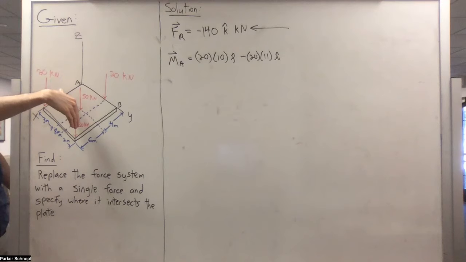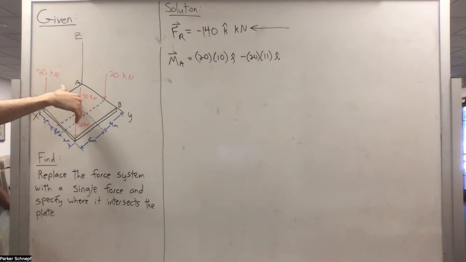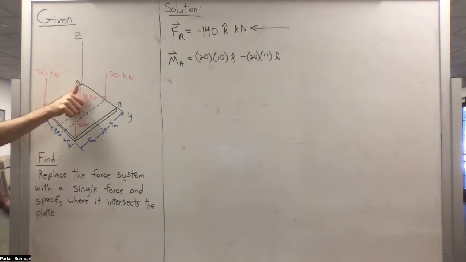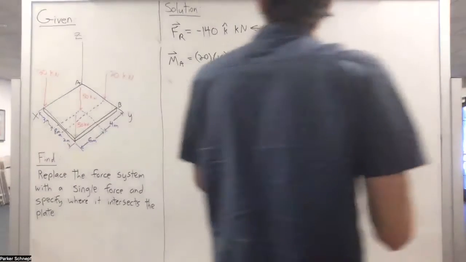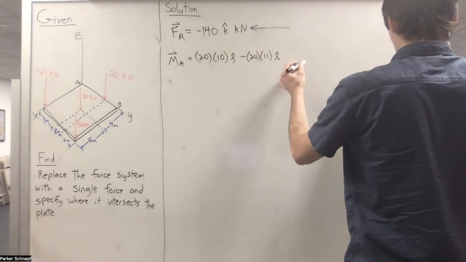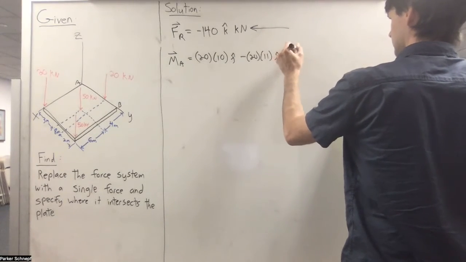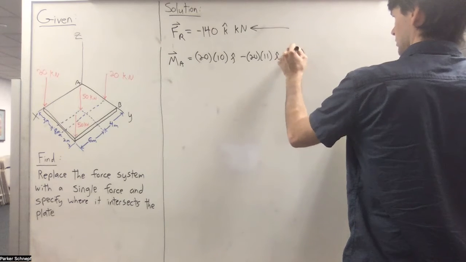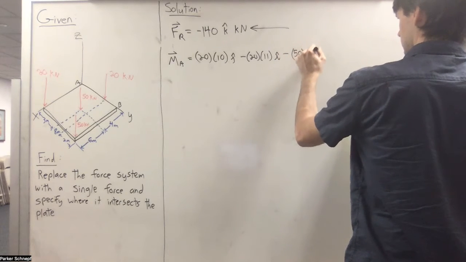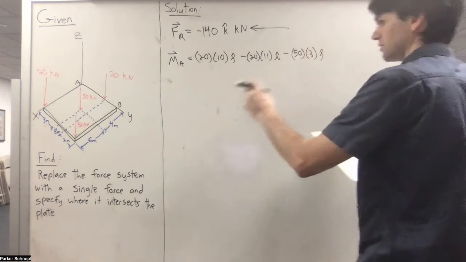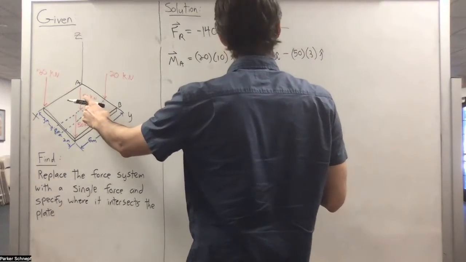I can see that that's going to cause a moment about the negative y direction. So it's going to be minus force times distance.